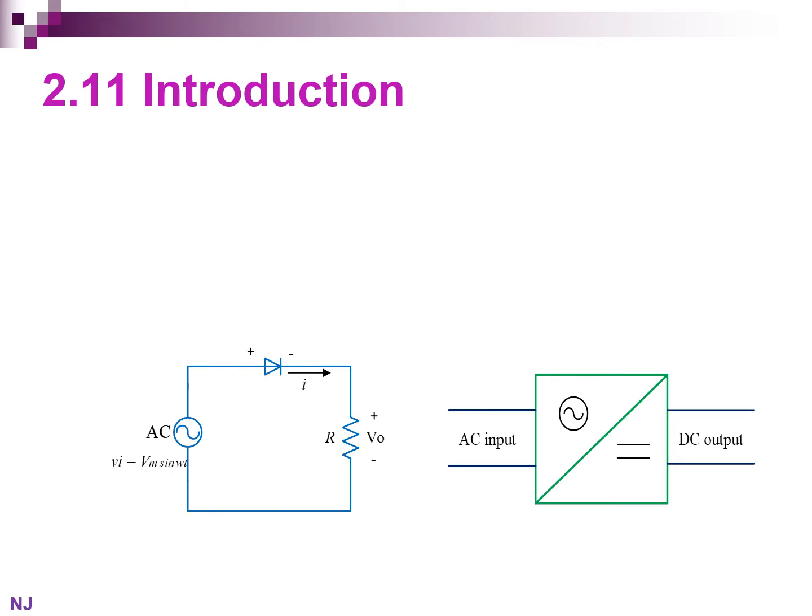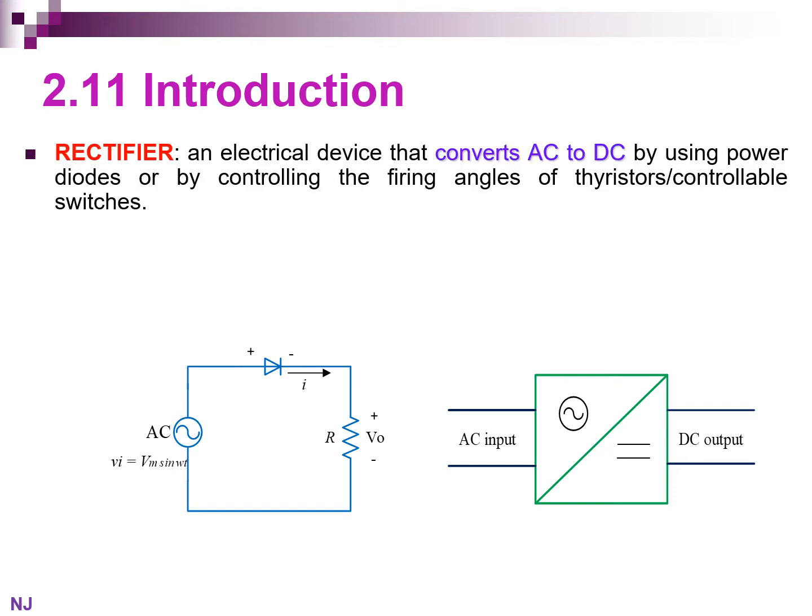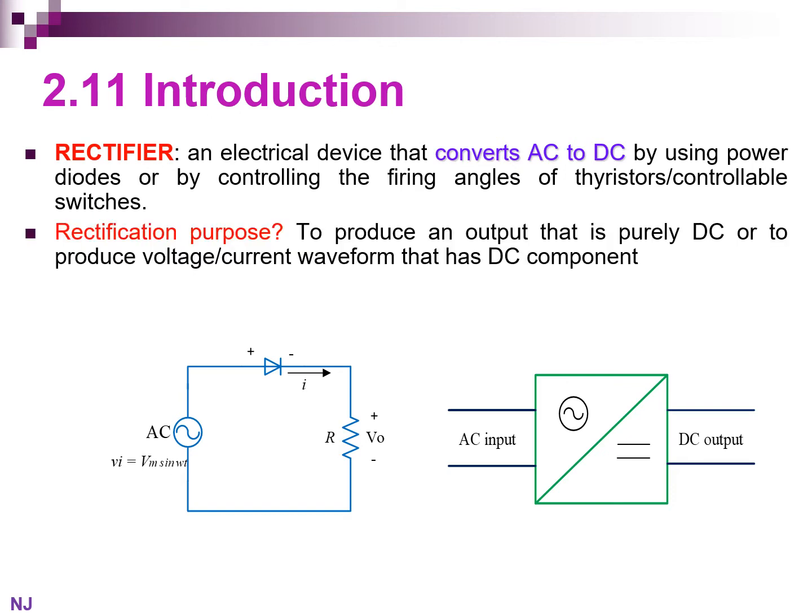So what is a rectifier? Do you have any idea? Basically, a rectifier is an electrical device that converts AC to DC by using a power diode, or by controlling the firing angles of thyristors or controllable switches. But we will discuss the uncontrolled rectifier first. The output produced by the rectifier is purely DC, a voltage or current waveform that has a DC component.